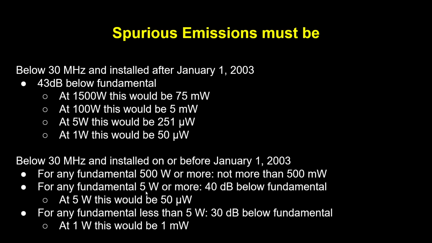If you run 5 watts or more, so 5 watts to 500 watts, then it has to be 40 dB below the fundamental. So at 5 watts that would be 50 microwatts. And for a station less than 5 watts, you would have to be 30 dB below the fundamental. So at 1 watt that would be 1 milliwatt.